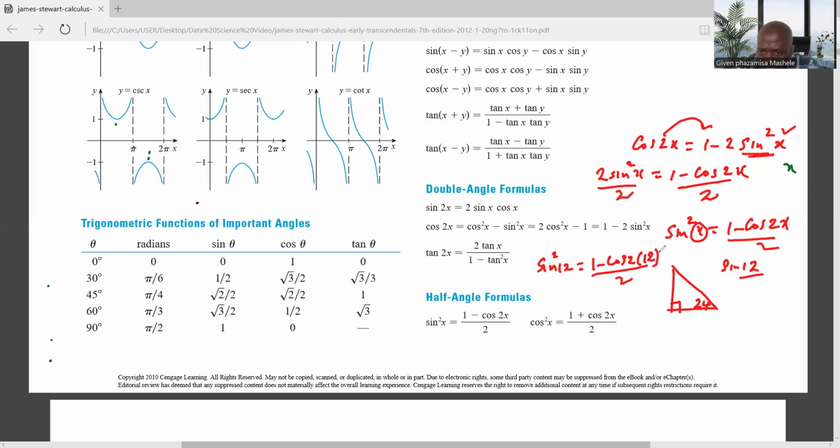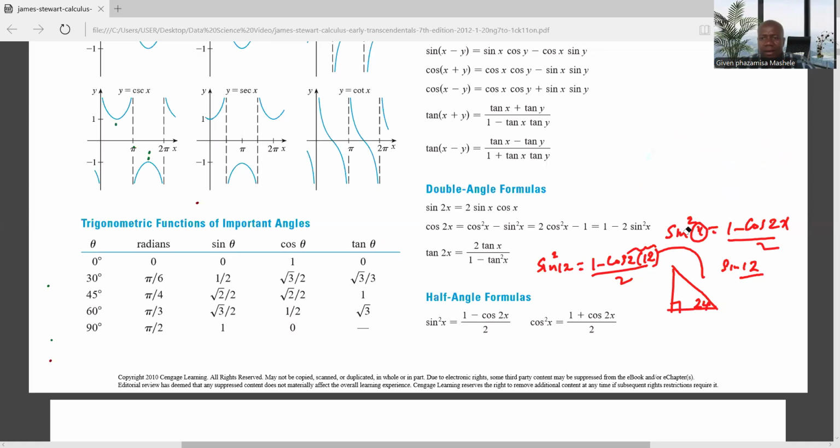Already you have this. This is an example of half angles. So whatever you learn in grade 12, guys, you do not have to forget it. It's not about cramming, passing and forgetting. You need to master these things to be used at university level.